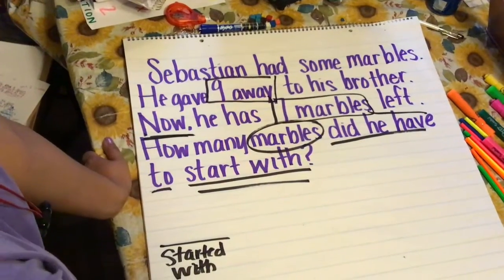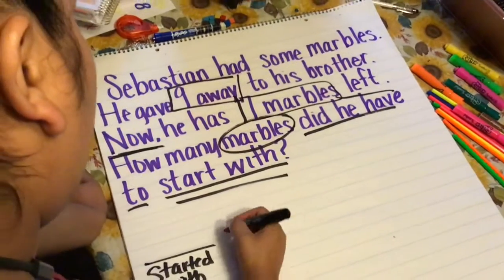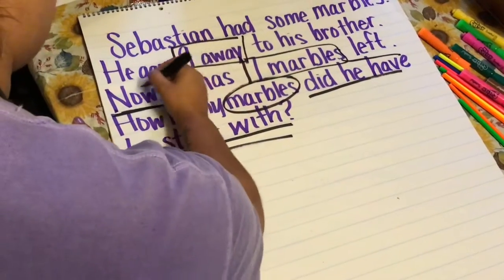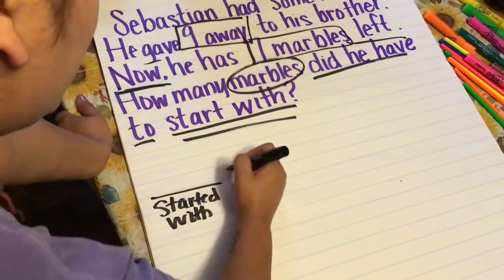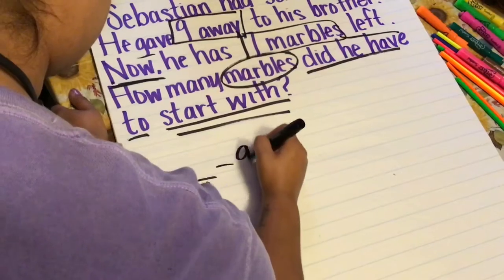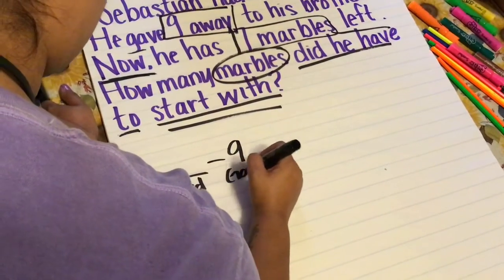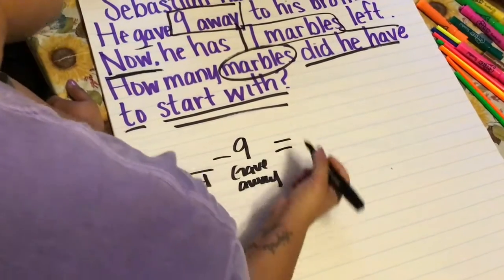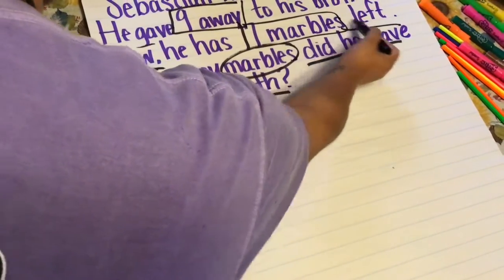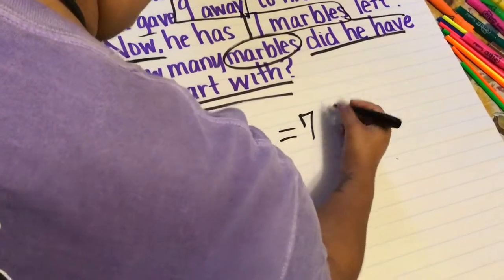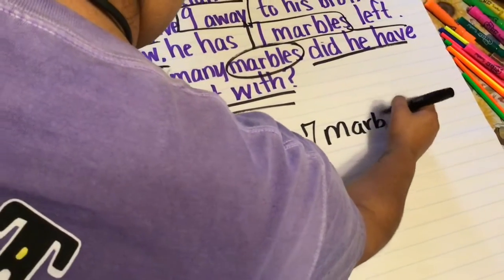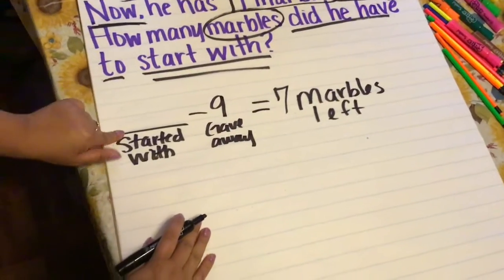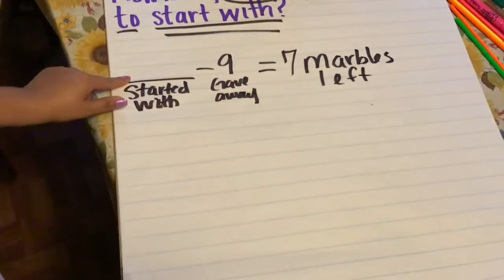So I know that he gave 9 away from what he started with. So when I hear the words he gave away, that tells me that we're going to be subtracting. So minus 9 that he gave away equals 7 marbles that he has left. Okay, so in order to find out this type of problem, I'm going to be using a strip diagram.